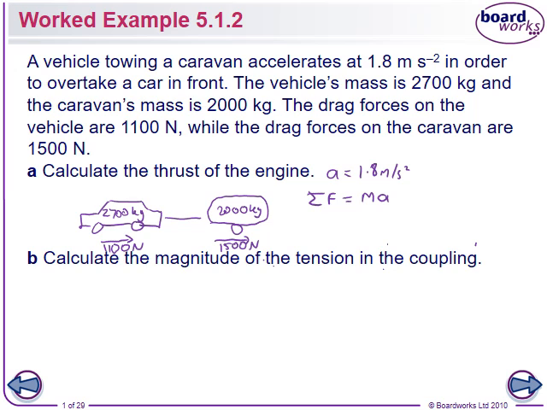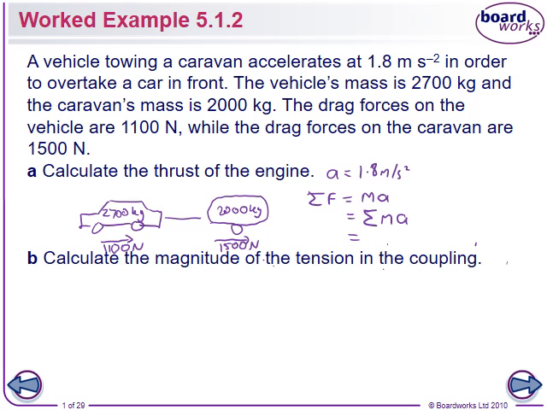Now, we can write this a different way. What does that mean? Total mass, all the masses summed together. Absolutely. So our net force is equal to the net mass multiplied by the acceleration.